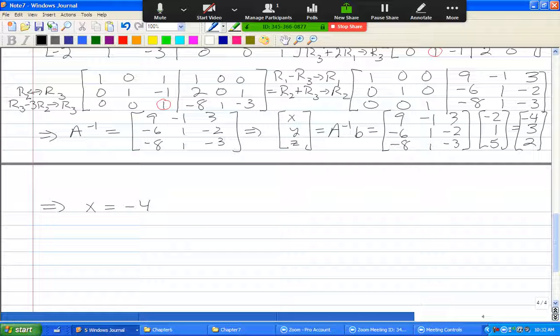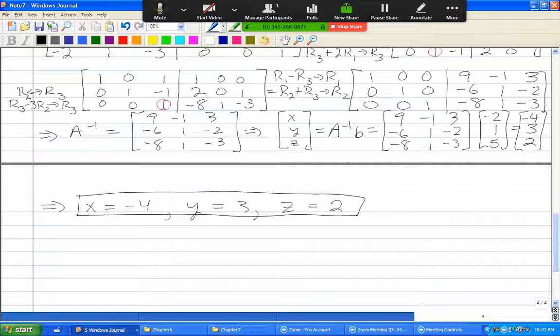X is negative 4, Y is 3, and Z is 2. And that is the solution to my system of linear equations. Okay, let me do, I guess, one more of these.